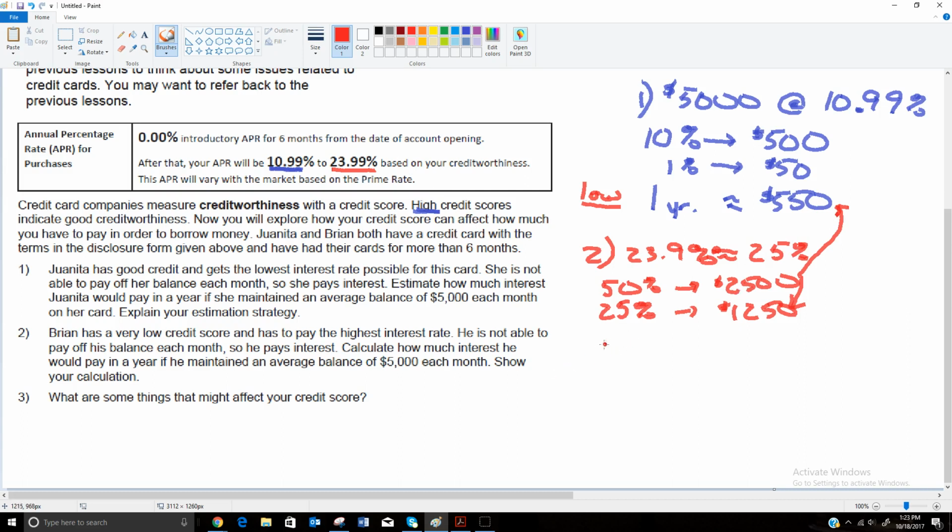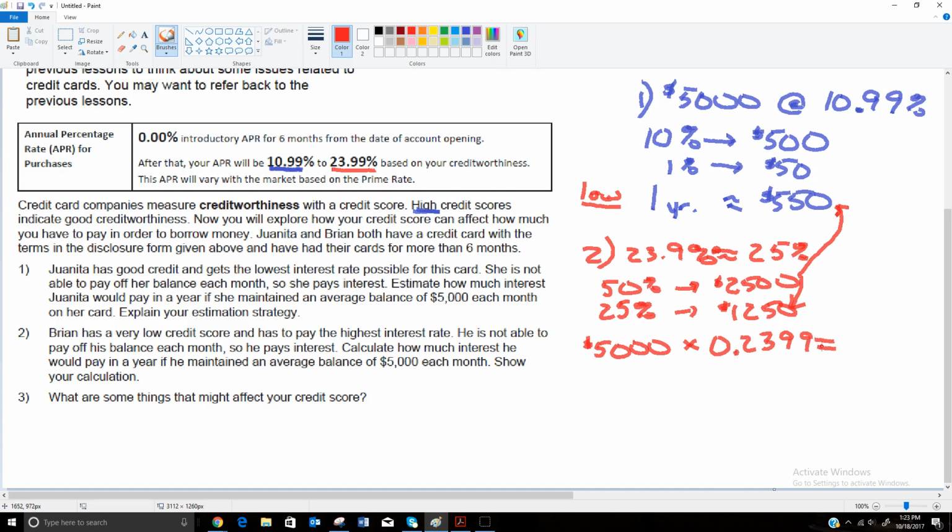So now let's look at how to calculate it exactly. In order to calculate this exactly, we're going to take his $5,000 and multiply that by the 23.99%, which as a decimal, remember, we take the percentage and shift the decimal 2 spots to the left, which gives us 0.2399.